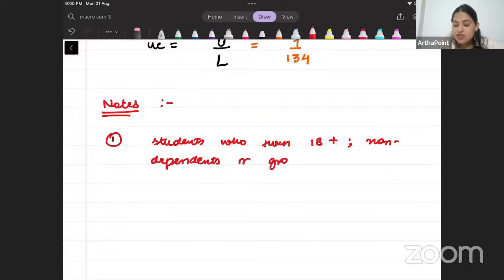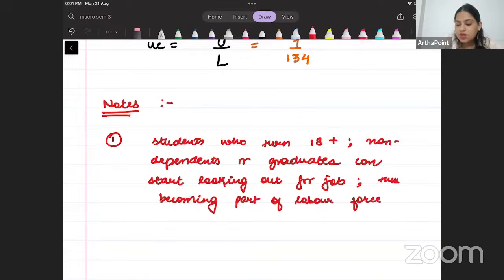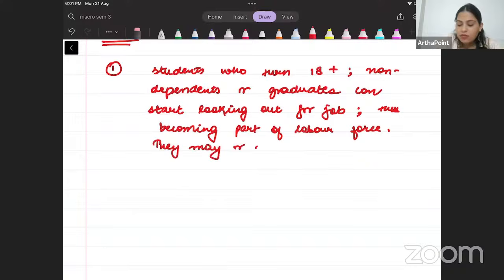Or graduates, once they have graduated or post-graduated, can start looking out for a job, thus becoming part of the labor force. So earlier they were out of labor force, but now they have become part of the labor force. They may or may not be employed. It is not necessary at all that they will get a job. So they may or may not get a job.